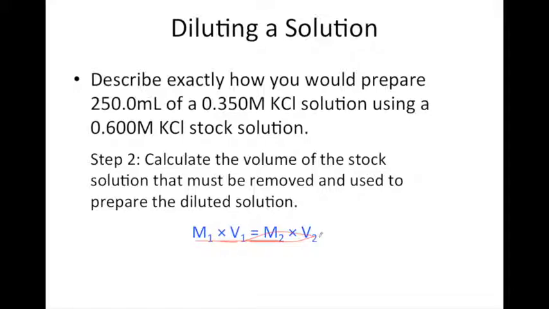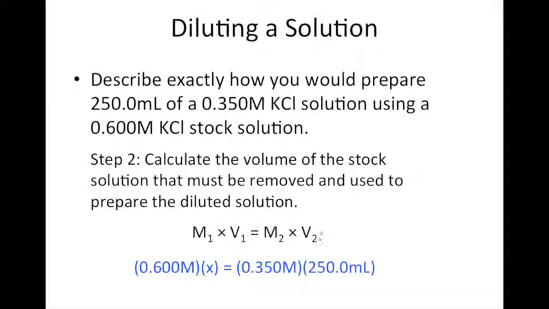So let's plug in our variables that we looked at previously. Our M1 is 0.6, V1 is X, M2 we said was 0.350, and our V2 is 250 mL. Now we just solve for X. And if we do that correctly, we should get 146 milliliters.